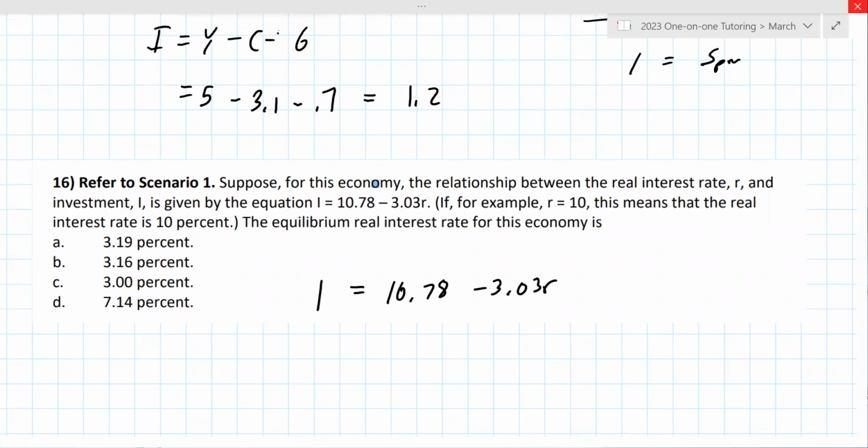I don't get a number that's here. Is it possible this is supposed to be 1.2? Oh, yes. Then it does appear to work, because the 1.1 is for private savings, not national.